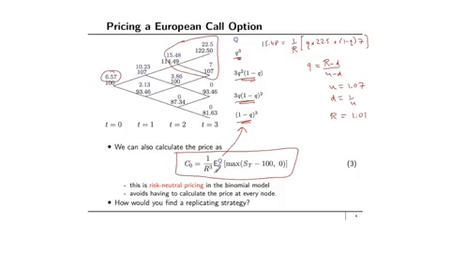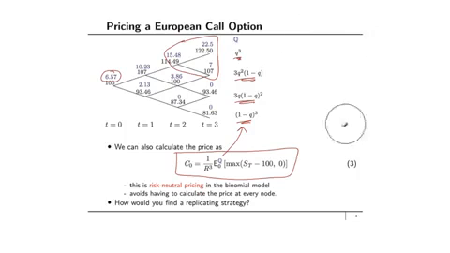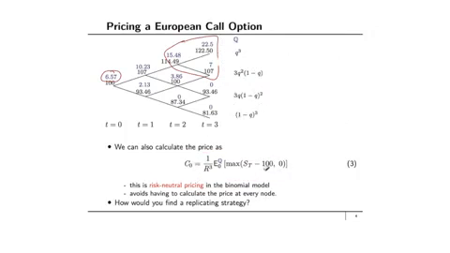So for example, let's create some space here. Suppose I want to compute a derivative security which has payoffs C, let's call it, C of 122.5. So this is the underlying security price at this node.